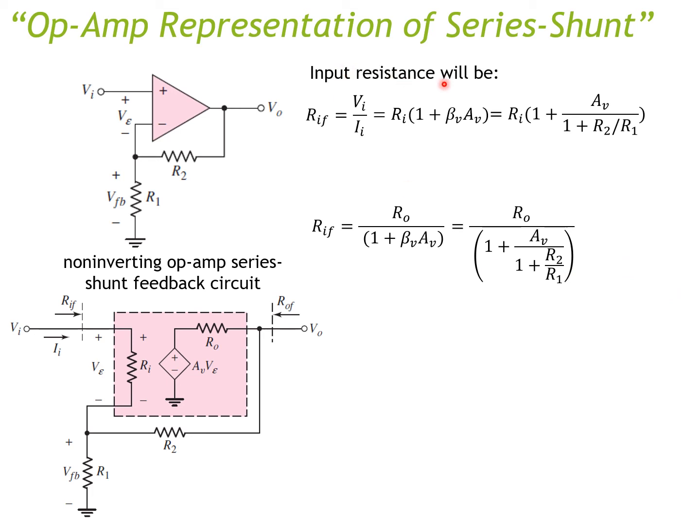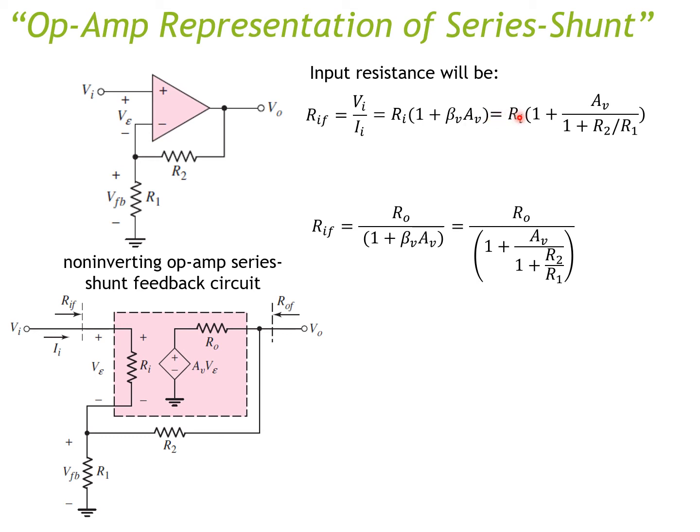So the input resistance will be RIF. This is for the case where you don't have a perfect Ri or a perfect Ro. The input resistance can be found as VI over II, done the same way, but basically you multiply this Ri by 1 plus beta AV.